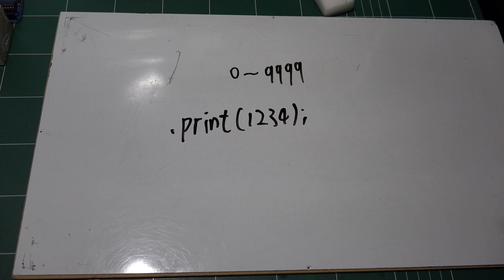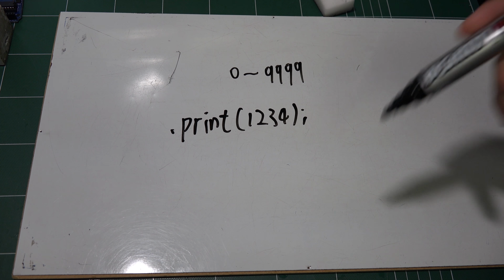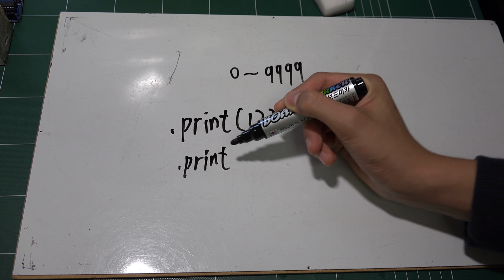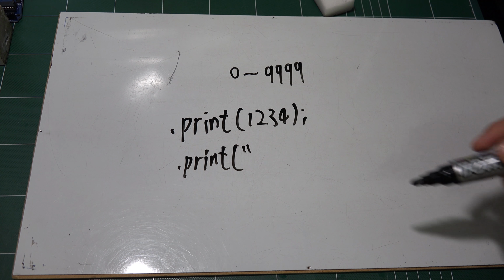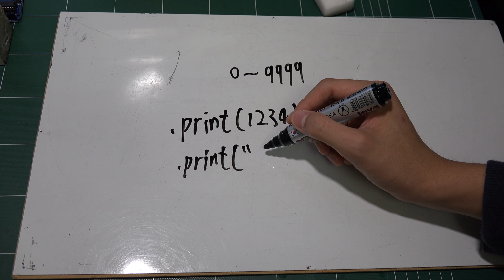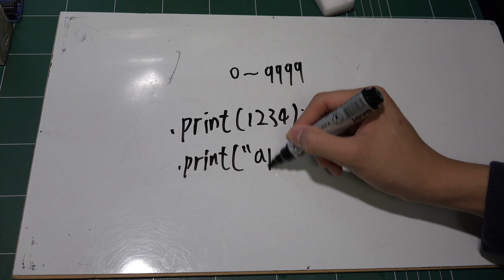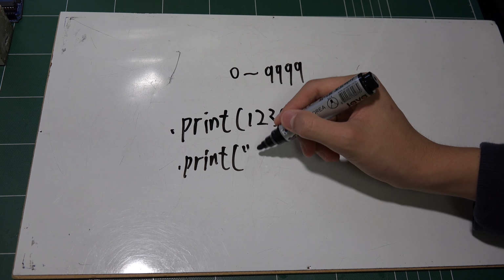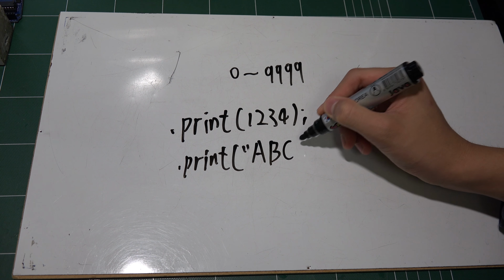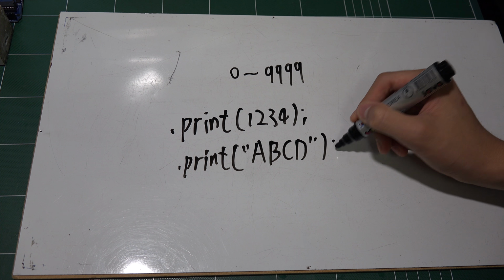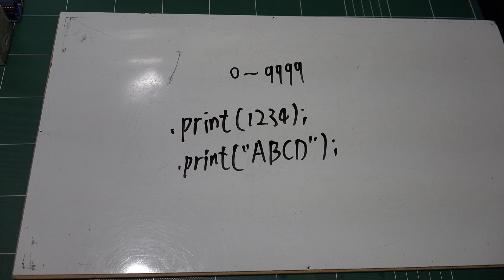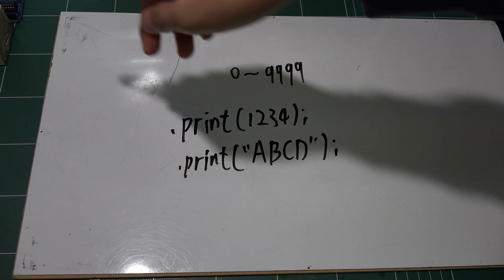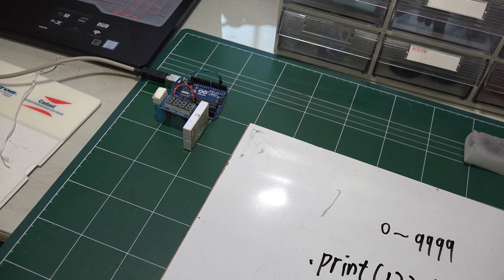Or, really impressively, you can write characters here, but it is not really the same character. For example, A B C D, and it will show the characters, but it is a little bit hard to display on this segment, but it will show it.